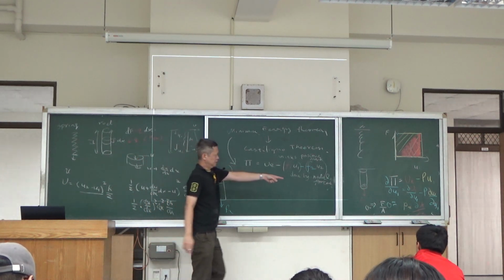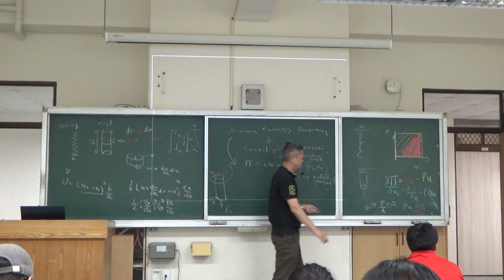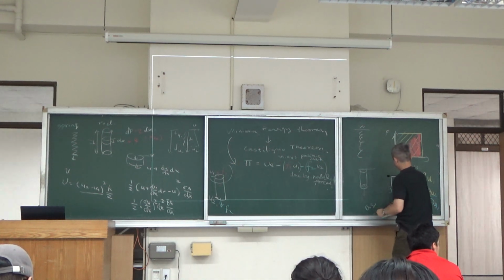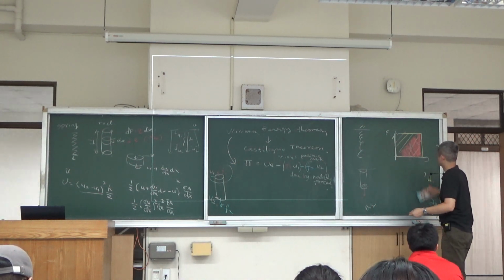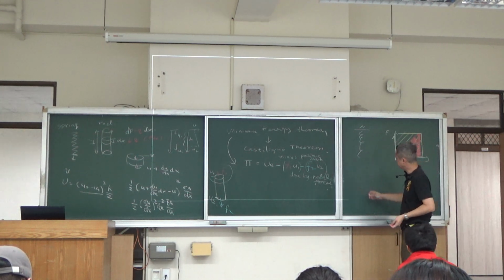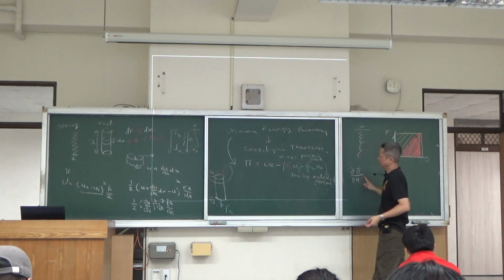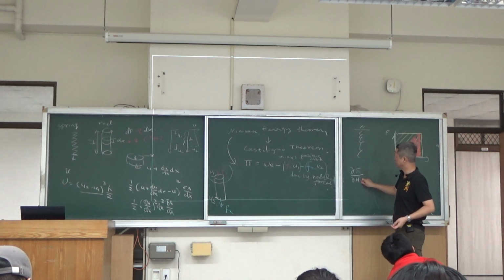If you do it like that, you still reduce to the Castigliano theorem the same. Let me rewrite this. Anyway, you can do differentiation of the total energy with respect to U1.